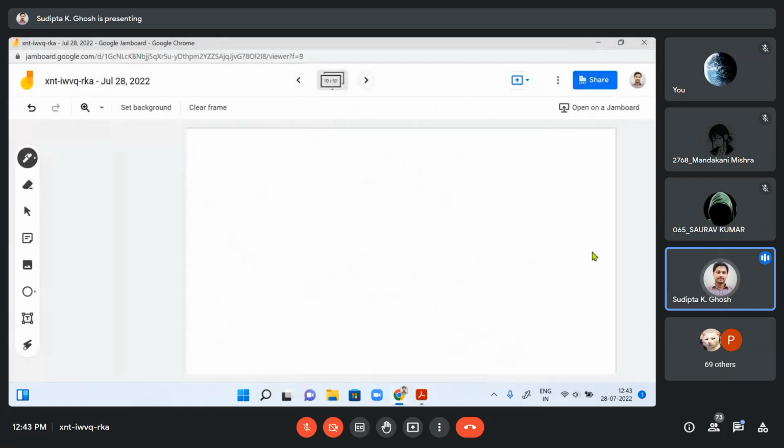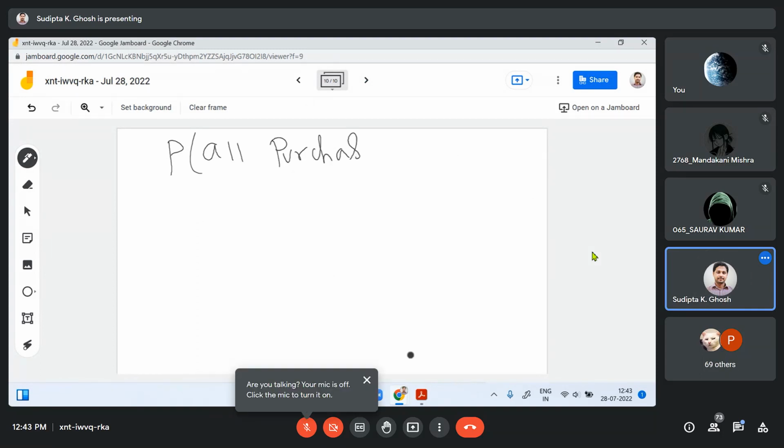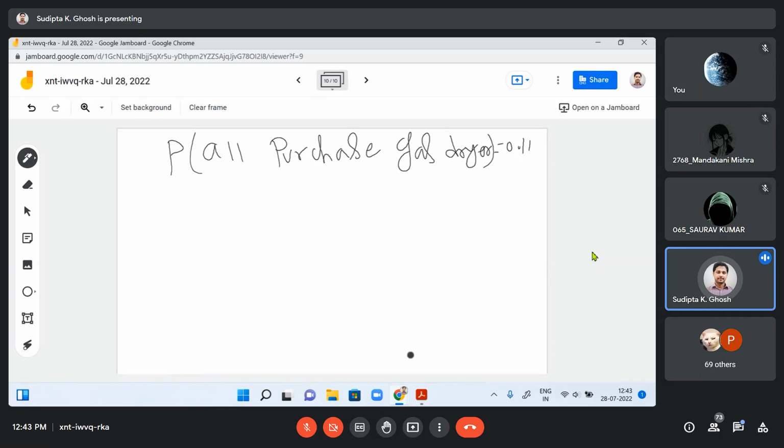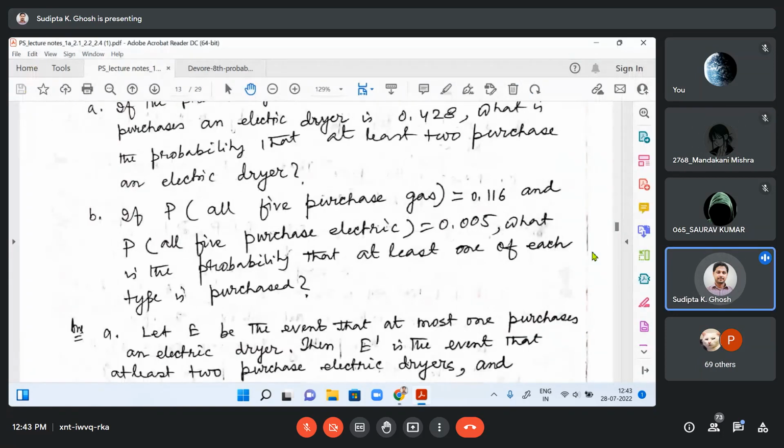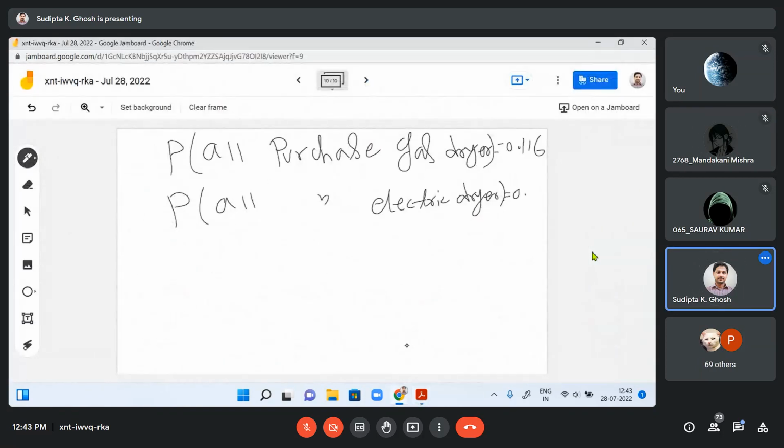So they have basically given 2 things: the probability of all purchase gas dryer, that is 0.116, and the probability of all purchase electric dryer, 0.005. Okay.